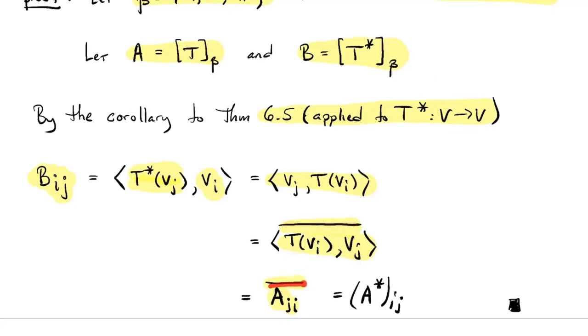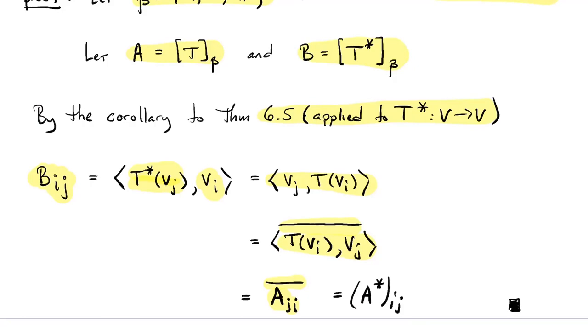If we switch i and j, that's exactly the element in the ij position of A star by definition. So B_ij, the ij entry of B, is exactly the ij entry of A star for any i and j. So B is equal to A star, and that's what we were trying to prove in this theorem.